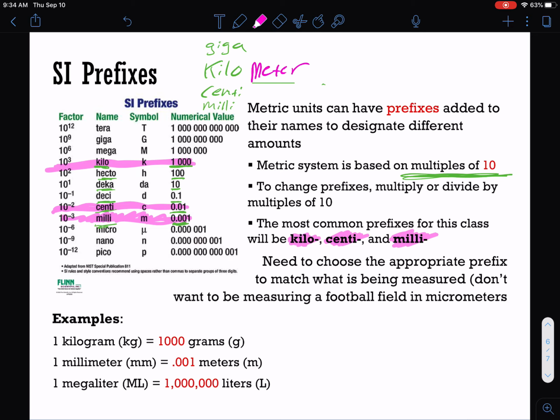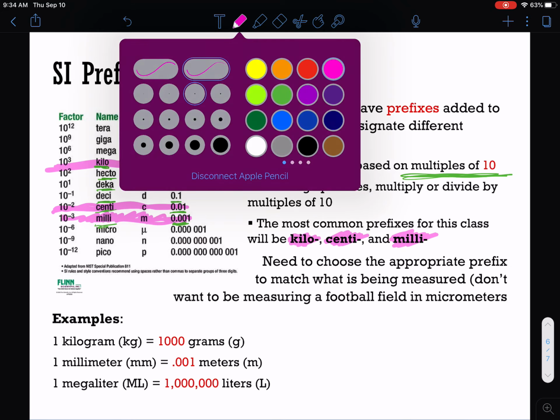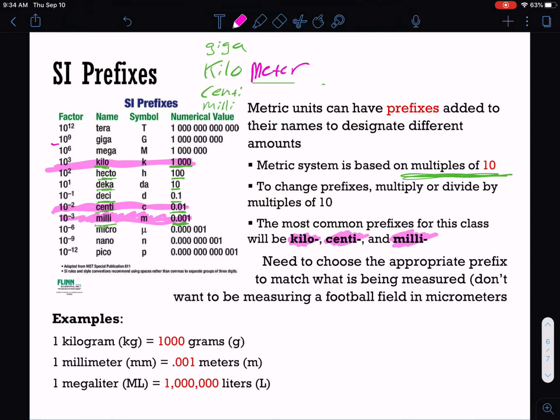Right now, though, in this class, I'm not going to require you to learn more than from mega to micro. Mega to micro, to memorize. Those ones you're going to have memorized, and those will show up on a quiz.